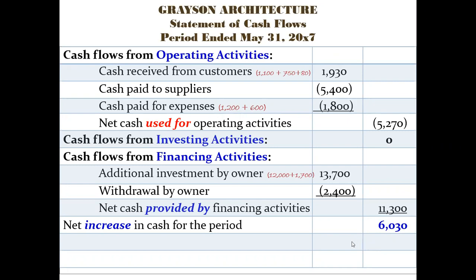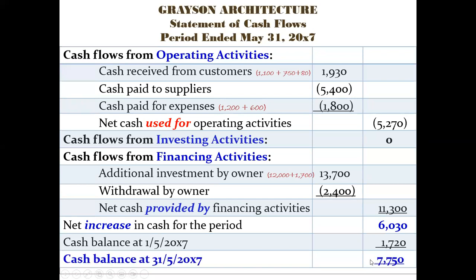So to wrap it up now, all we simply do is to take that beginning cash balance of 1,720, add it to that change, and it comes right back to the ending cash balance. And that is what they call a statement of cash flows. So remember, guys, we are not going to ask you to prepare the full statement of cash flows.